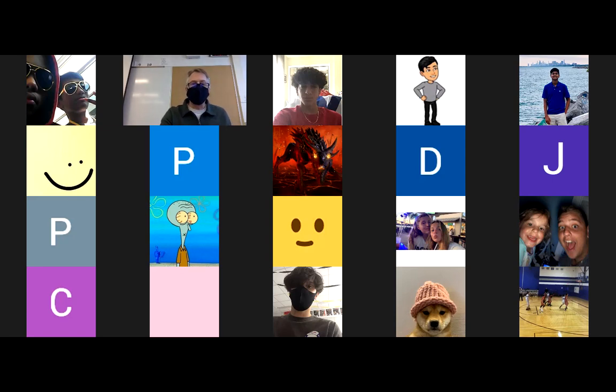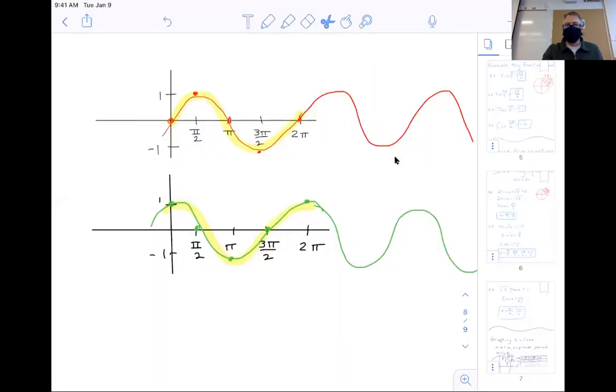So if we've got midline and amplitude down, I now want to take a look at the period of the graph. So a period, the graph is periodic, meaning it repeats itself.